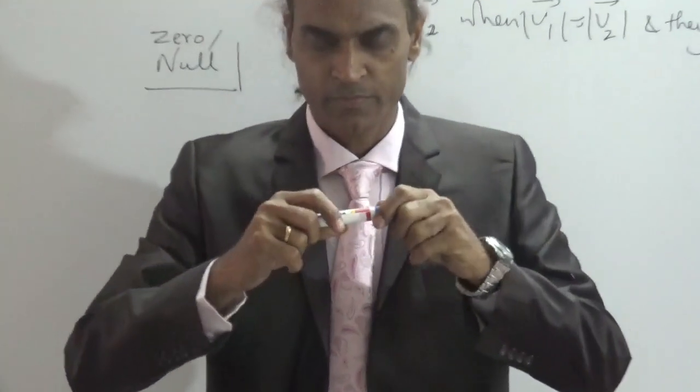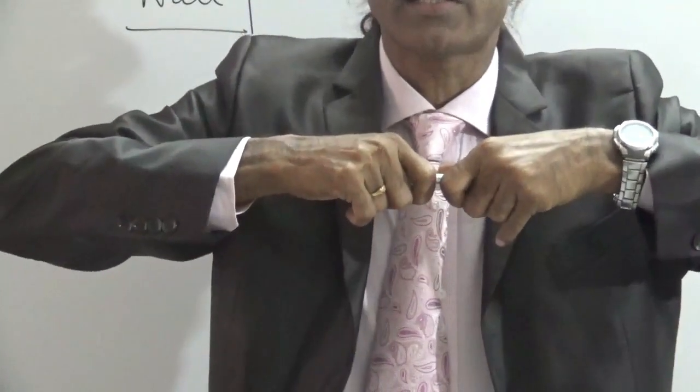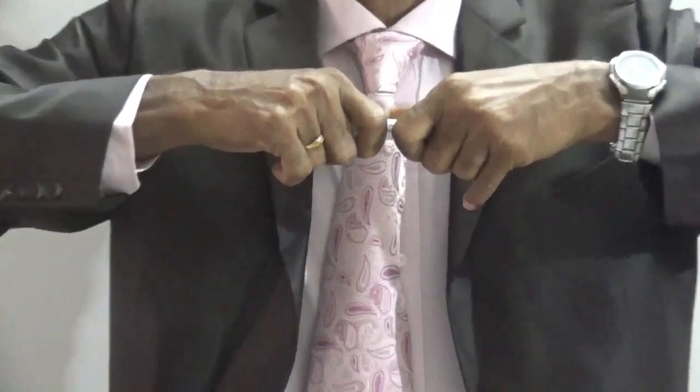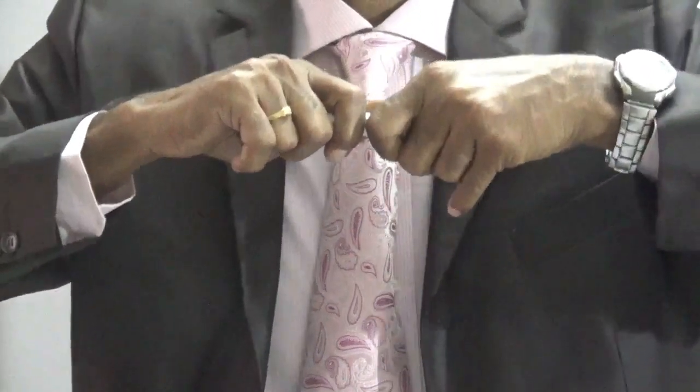I pull this marker pen in this way, it will move in this way. When I pull it in the other way, it will move in that way. When I pull both sides with equal and opposite forces, it won't move at all. So I can say that this force plus this force is equal to zero force.